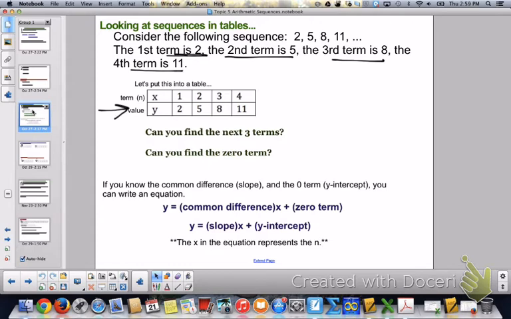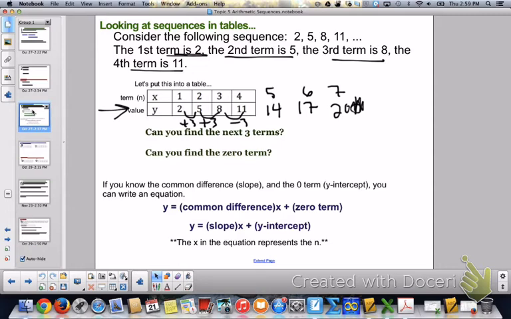So the next 3 terms, well, we add 3 each time. So the 5th term is going to be 11 plus 3, which is 14. The 6th term is 14 plus 3, which is 17. The 7th term is 17 plus 3, which is 20. Those are your next 3 terms.